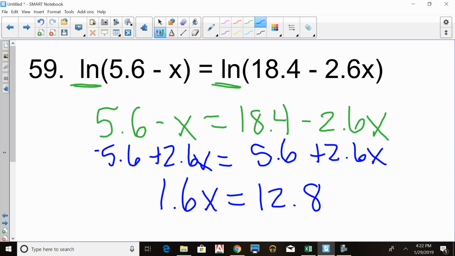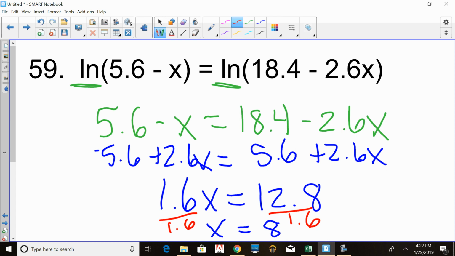And then if we divide by 1.6 and divide by 1.6, you will get 8 for an answer.